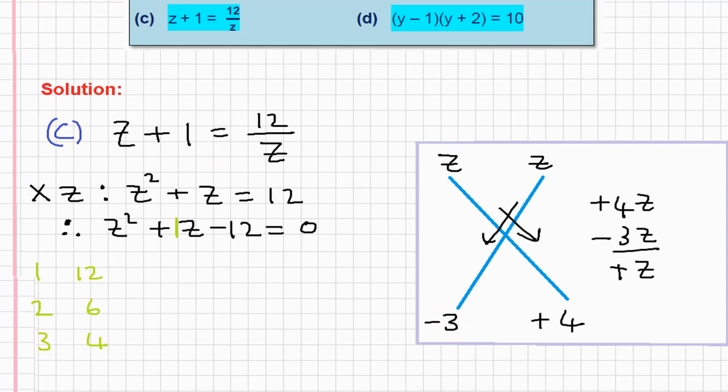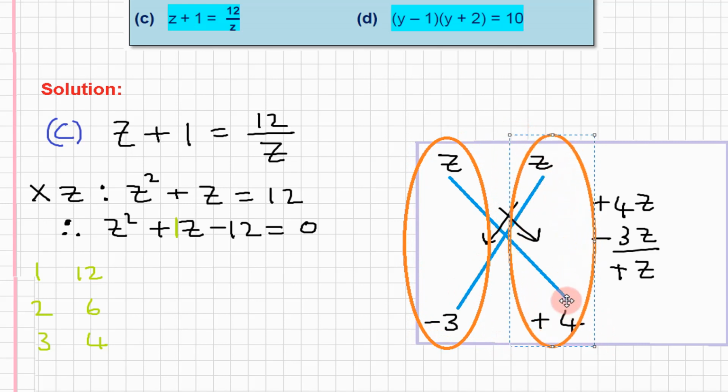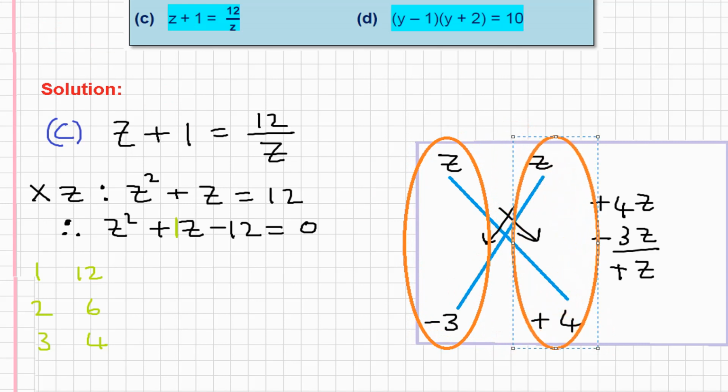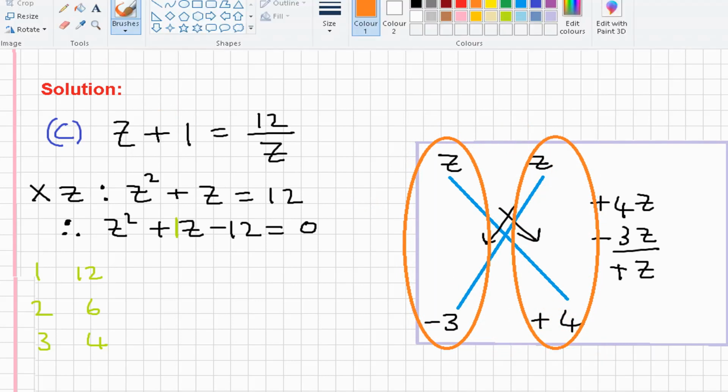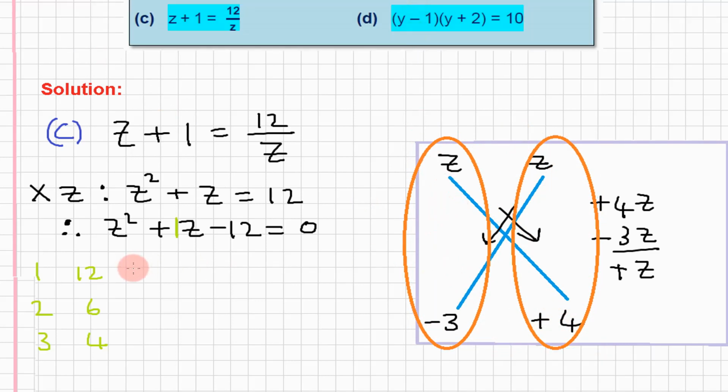Then grouping vertically, so z minus 3 in brackets, and z plus 4 in brackets. We check z times z is z squared, negative 3 times positive 4 is negative 12.